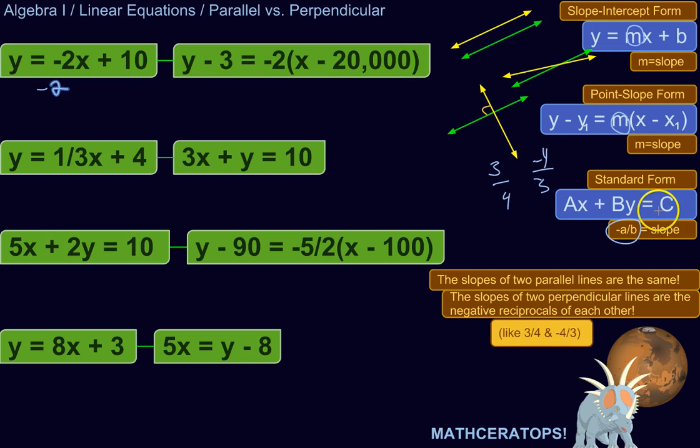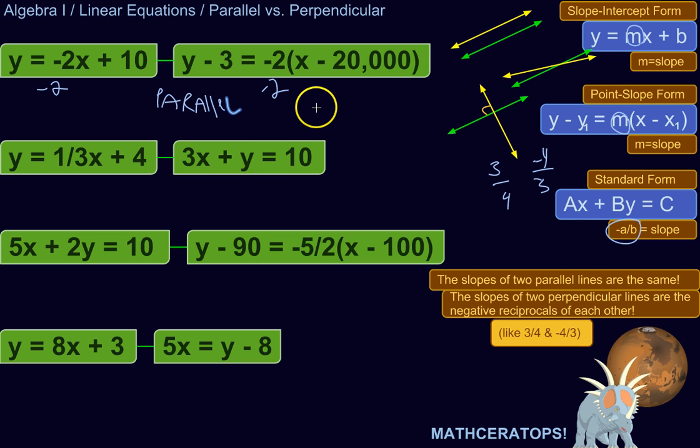That's kind of point-slope form: y minus something equals something times x minus something. So the slope here is this number, -2. The slope of this line is -2 and the slope of that line is -2, so they have the same slope. These are parallel lines.